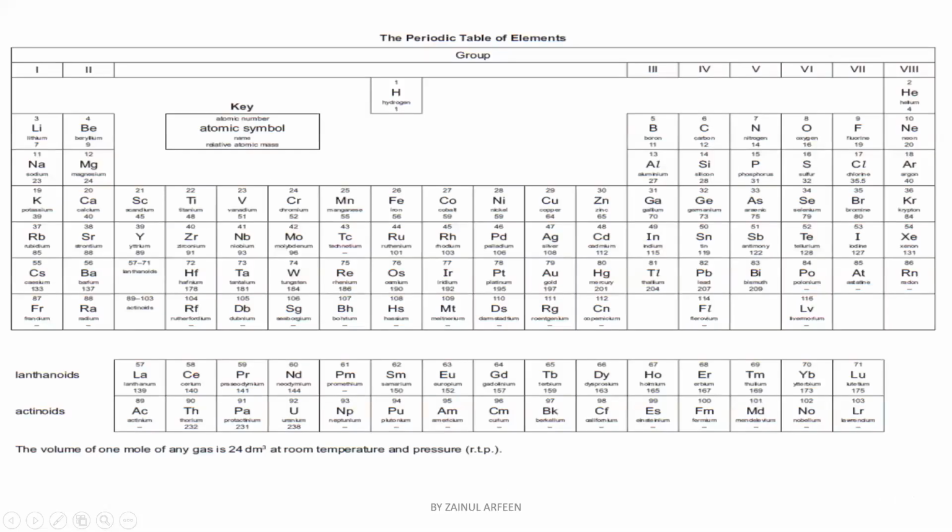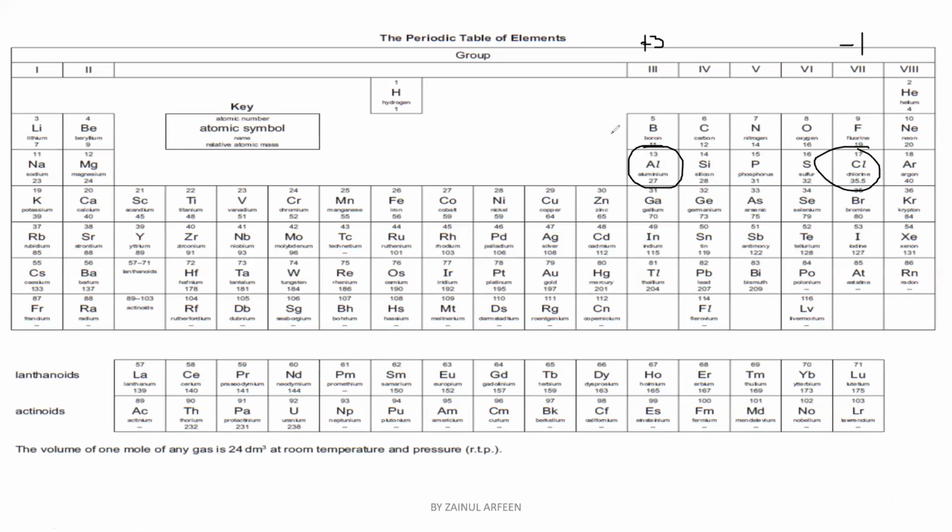If I say draw the ionic structure of aluminium chloride, the first thing you should do is write the formula for aluminium chloride. When you check the position of aluminium, it is group 3, so the valency is plus 3. And chlorine belongs to group 7, so minus 1.